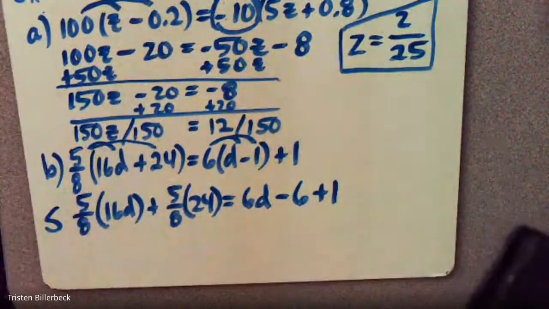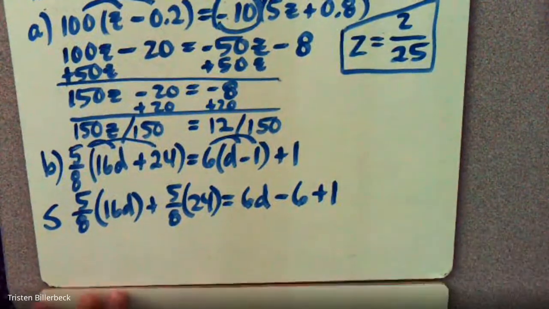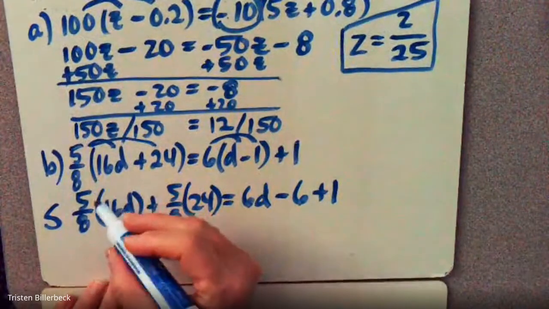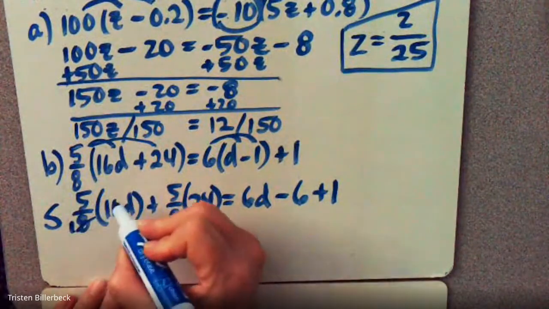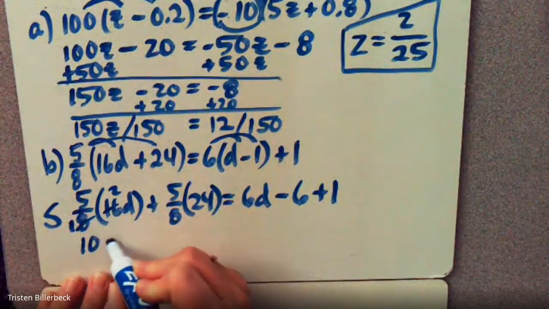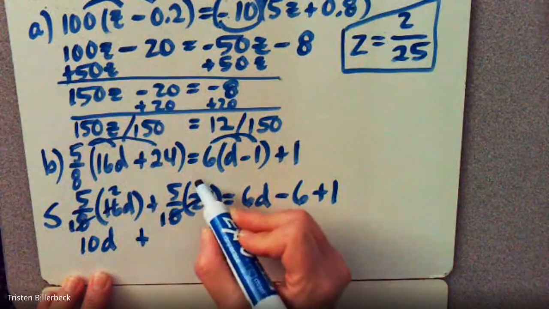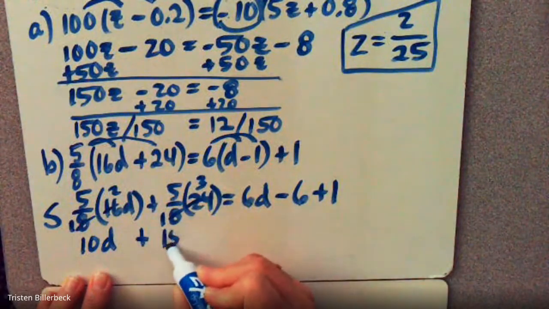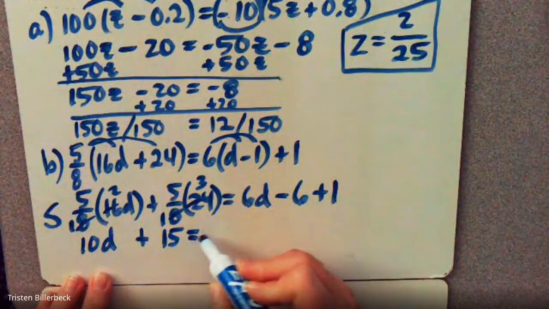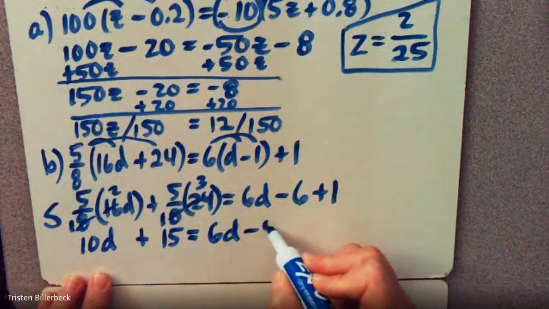We're going to need my other board back, so I'm going to erase this. Going to be a bit of work. So we're going to simplify. When we divide this out, we see we have 1 here. This is 2. So this gives me 10d plus, there's 1/8 and 3/8 here, 15 equals 6d, and negative 6 plus 1 is minus 5.